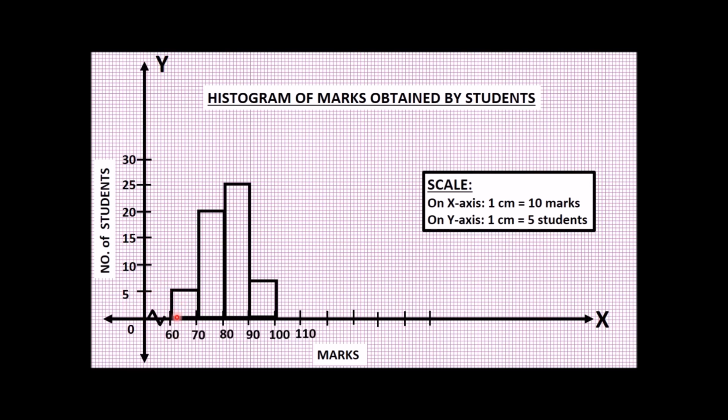So when you have data where the lower boundary of the first class is pretty far from the origin, then to draw your histogram, you will start numbering, for example, 60, 70, 80 and so on from the lower boundary of your first class very close to the origin. So you start numbering very close to the origin and you represent all the missing values that you've skipped by this kink mark, this Z-like letter.